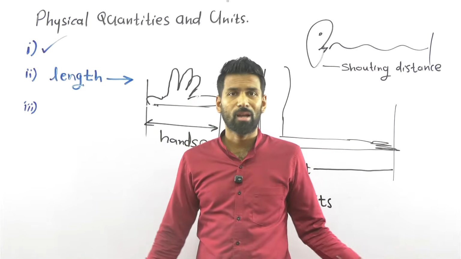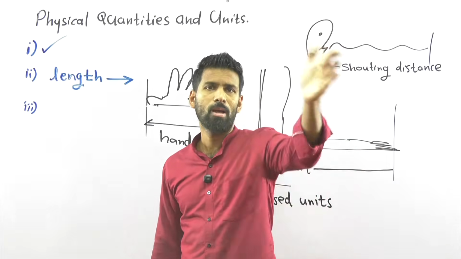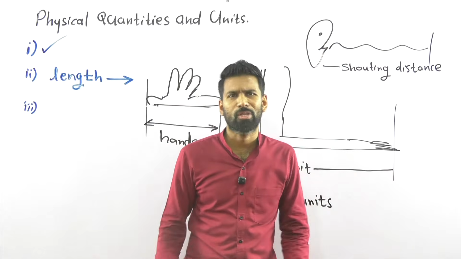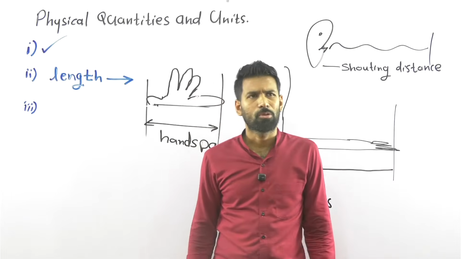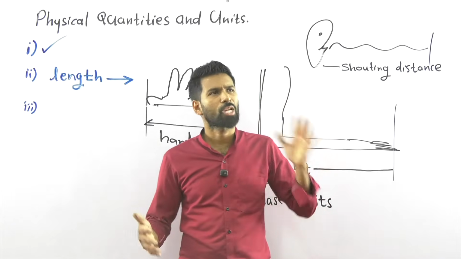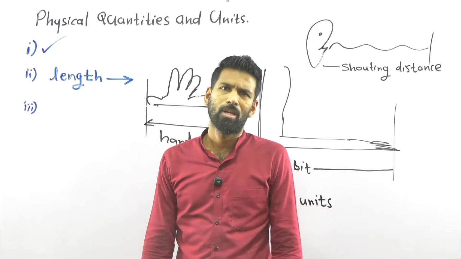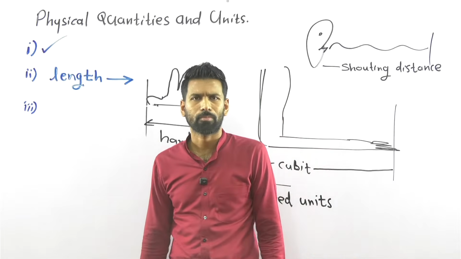In Sri Lanka, when we shout, sound will most probably move a higher distance, but in a low temperature country, sound won't move that much. So it changed with location. So shouting distance is not an accurate unit; it changes with the location. Hand span is not an accurate unit. So these were rejected.